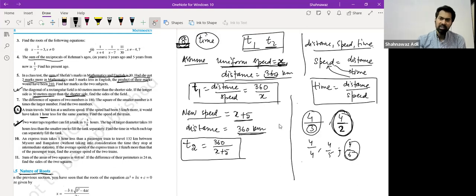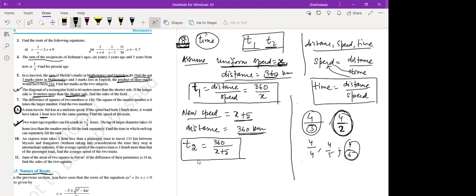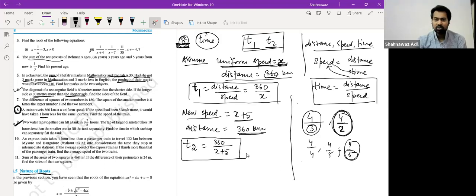Now you tell me, which time is the bigger one, T1 or T2? T2 is the bigger one. So to identify which is the bigger one, we identify which has the smaller denominator.